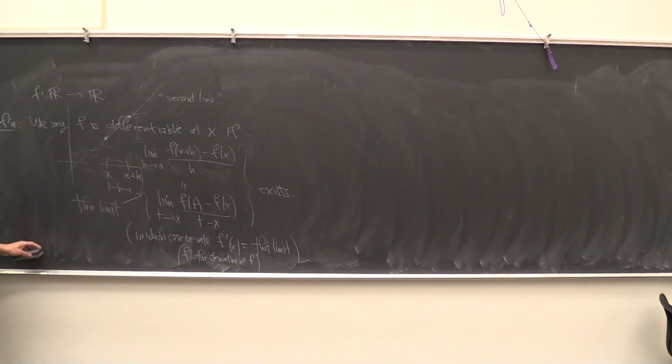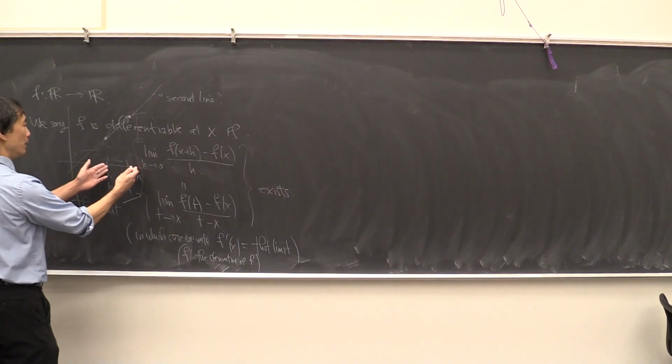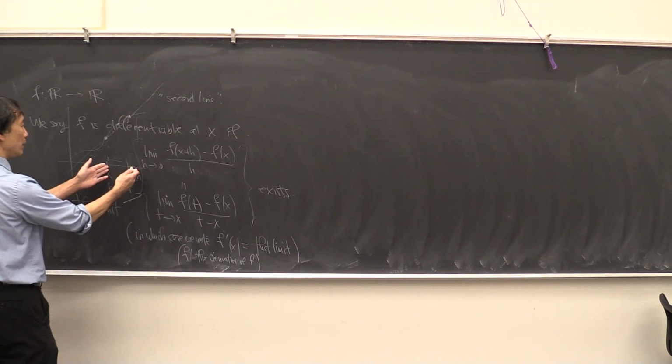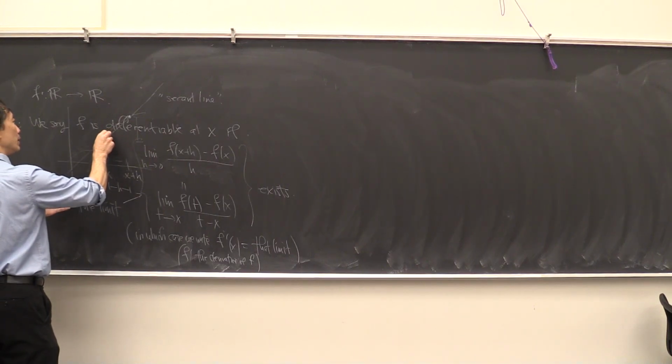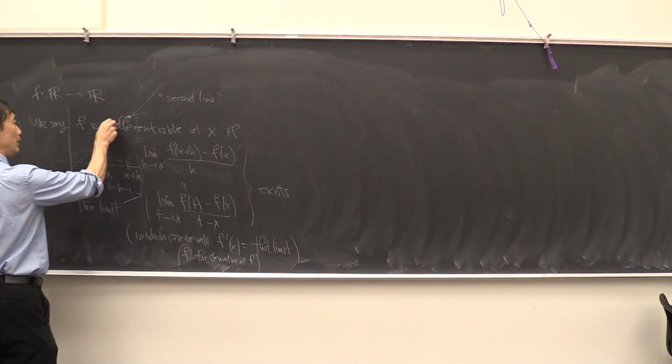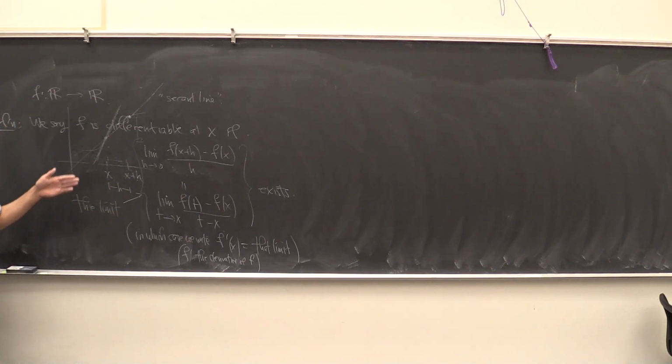Right, and the idea is that you're taking this second point, you're letting it approach the first point, and if the limit exists, it basically tells you that you can get a slope of the tangent line through that point. Right?